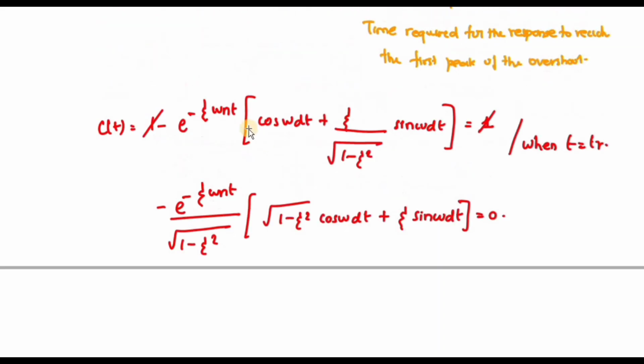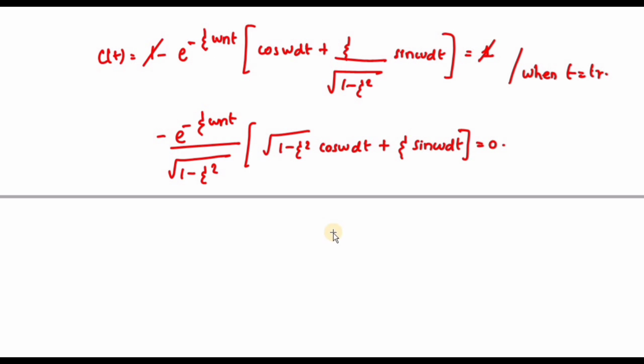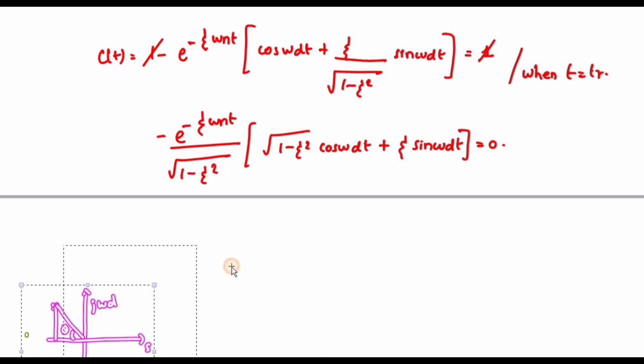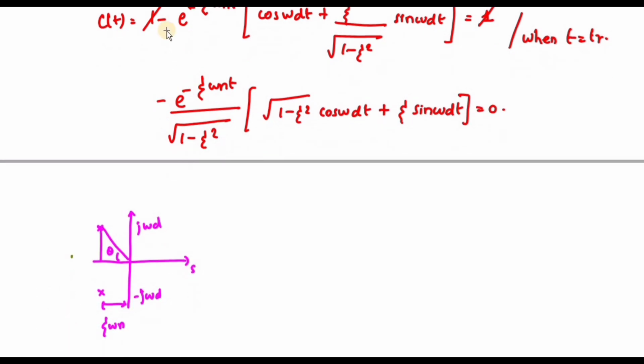Let me copy it here and substitute in this equation. So I can equate sin theta. Sin theta is equal to the opposite side, that is omega d, divided by the hypotenuse, that is root of omega d square plus (damping factor into omega n) the whole square.